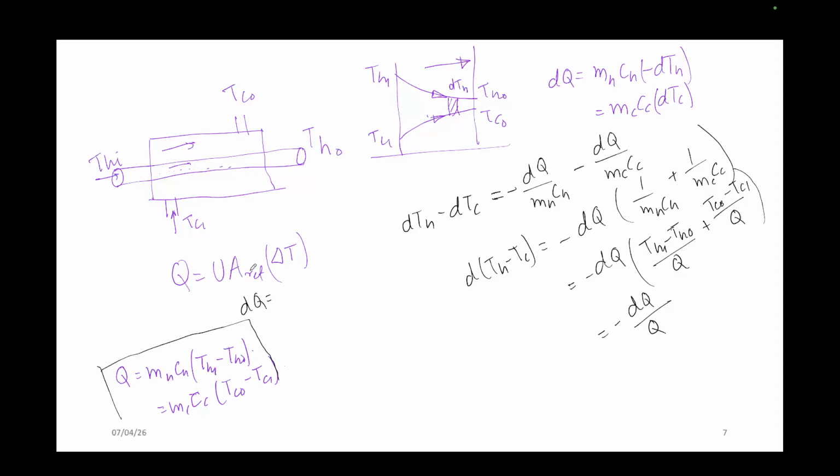Because I have to find U, the overall heat transfer coefficient, I can write U into the temperature difference, that should be Th minus Tc. Can I write?